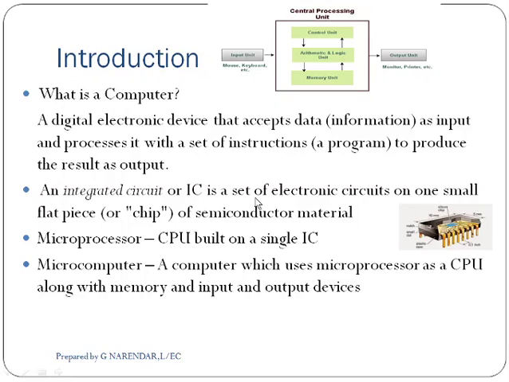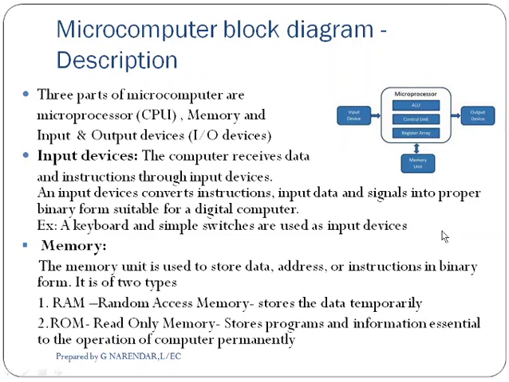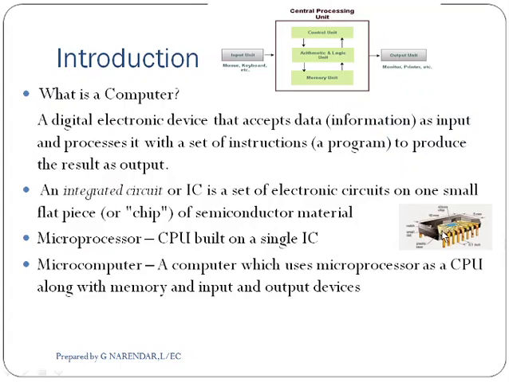An IC is a set of electronic circuits on a small flat piece of semiconductor material. You can see the picture of an IC here. So if all these circuits which constitute your CPU are placed on a single piece of semiconductor material, then that CPU we call a microprocessor.